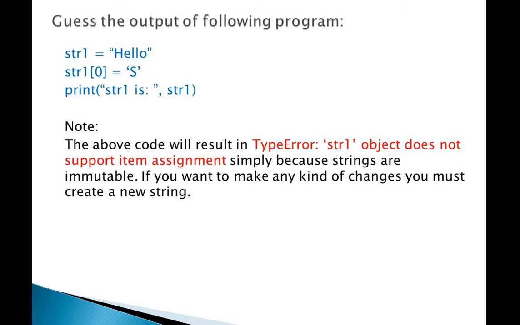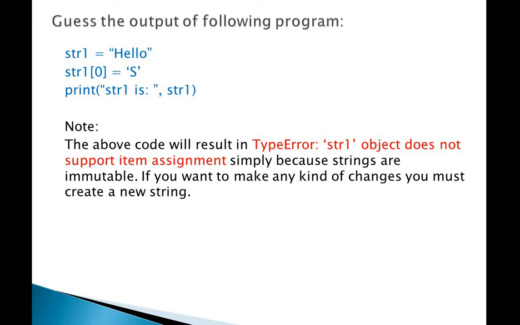Now this is exercise for you. Guess the output. str1 is equal to hello. Now I am trying to modify the first letter of this string. I am using subscript operator. The subscript operator is square brackets. The meaning of str1 subscript 0 is equal to s is that we are assigning s to first letter of string.